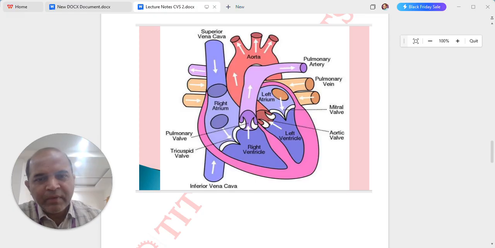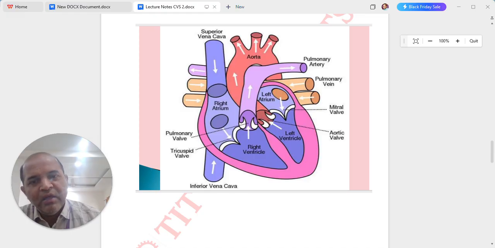After that, there is the aortic valve, which is found in the aorta, which circulates oxygenated blood all over the body.